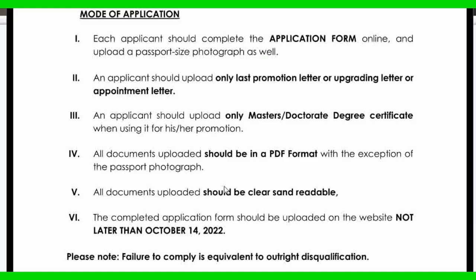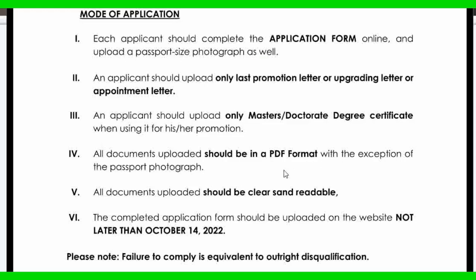An applicant should upload only master's or doctorate degree certificate when using it for his or her promotion. You can use the master's and the doctorate degree if you are using it for promotion. All documents uploaded should be in a PDF format, with the exception of the passport photograph.